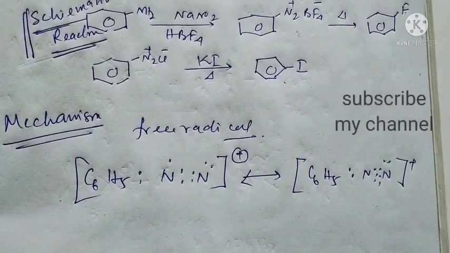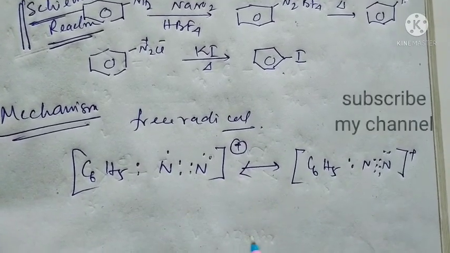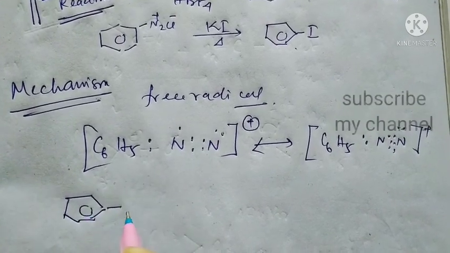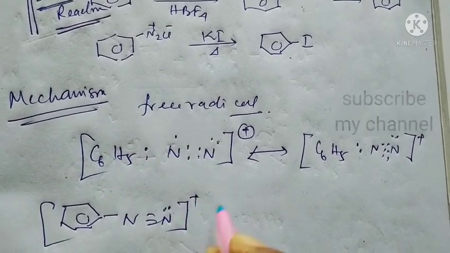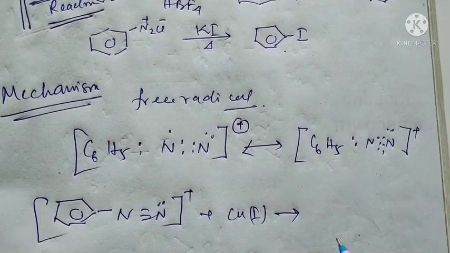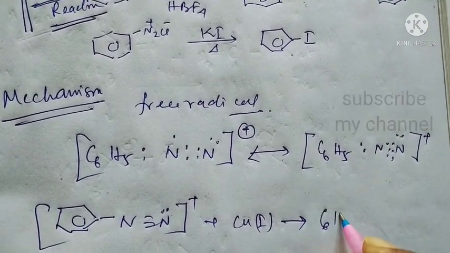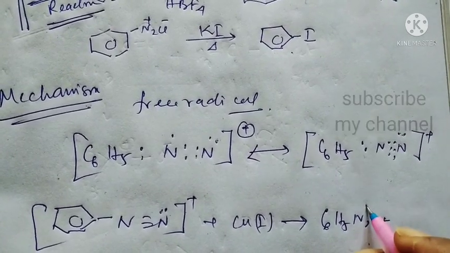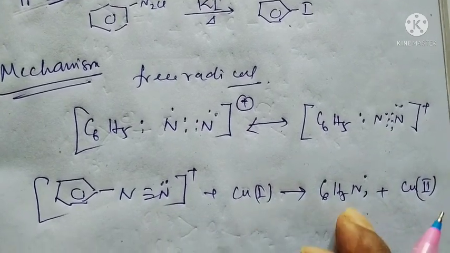Okay, now cuprous copper, here it reacts with these diazonium salts to form C6H5N2 radical, and this is a free radical, and cupric forms from the Cu+ ion.